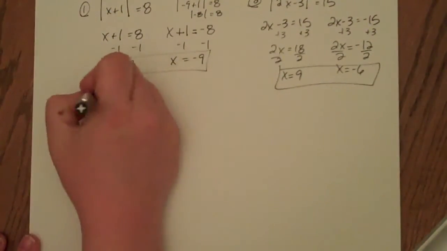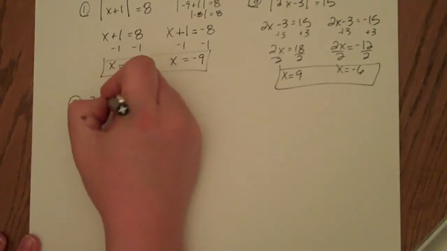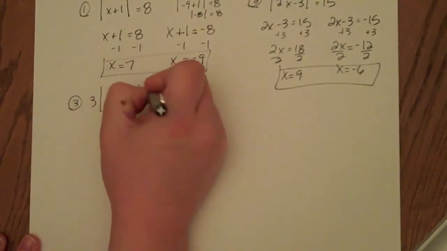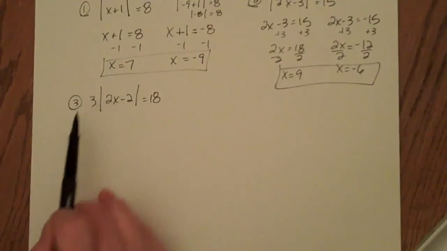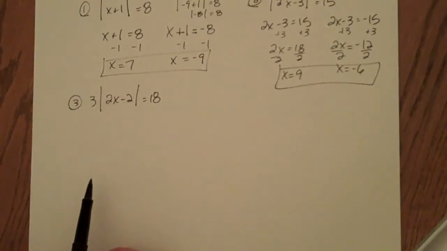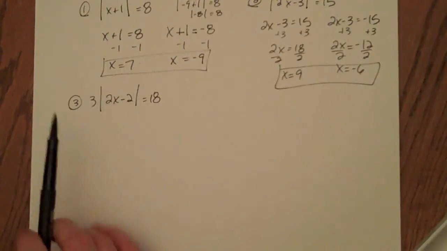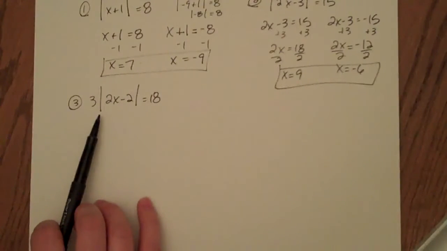We have 3 times the absolute value of 2x minus 2 is equal to 18. Well, this one's a little bit different because it's got something multiplied on the outside of the absolute value sign. Now, one thing I want to caution you about is that in many ways we treat absolute value signs like parentheses, but they are definitely not parentheses.